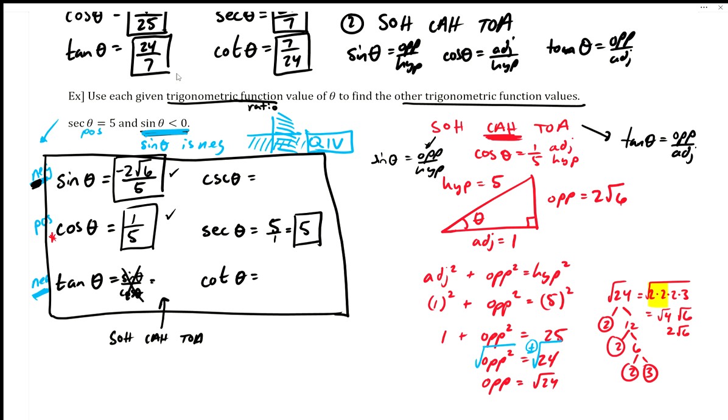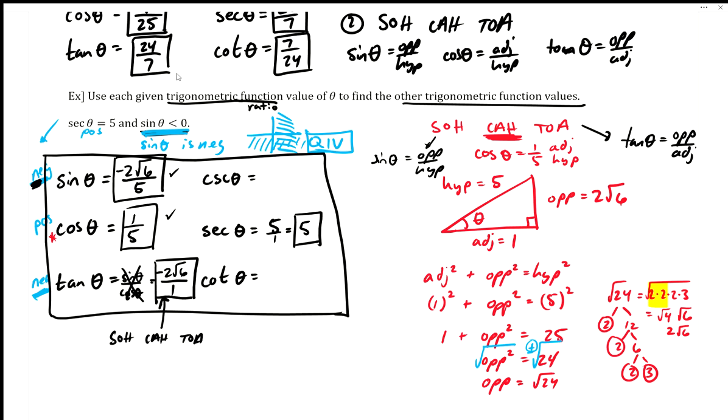Okay, so I'm using my right triangle. The opposite is 2 square root of 6. The adjacent is 1. And then again, it should be negative, so let's write it like that. Because I'm a little out of room, we don't really need the 1 down there, but I'm going to keep it there for our final answer anyway.